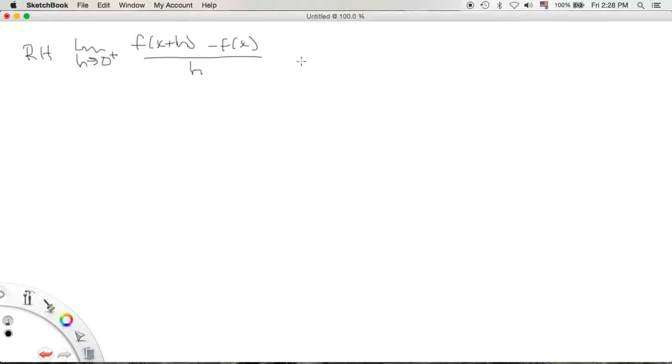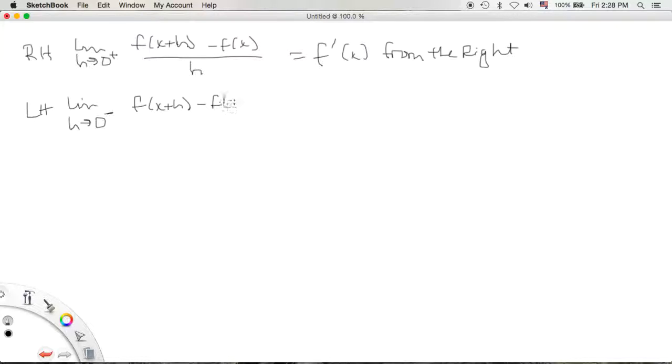So if we find our limit from the right-hand side, then that's the derivative from the right. Or if I find my left-hand limit as h goes to 0 from the left, then I'm finding my derivative from the left.